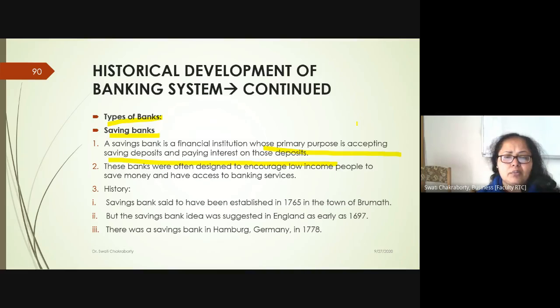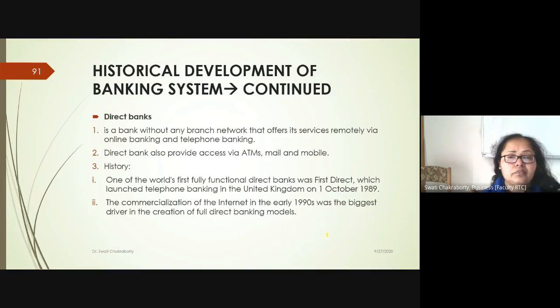The first savings bank was established in the year 1765 in Brumont, but the idea was suggested in England as early as 1697. Even in Germany, in Hamburg, a savings bank came up in 1778.